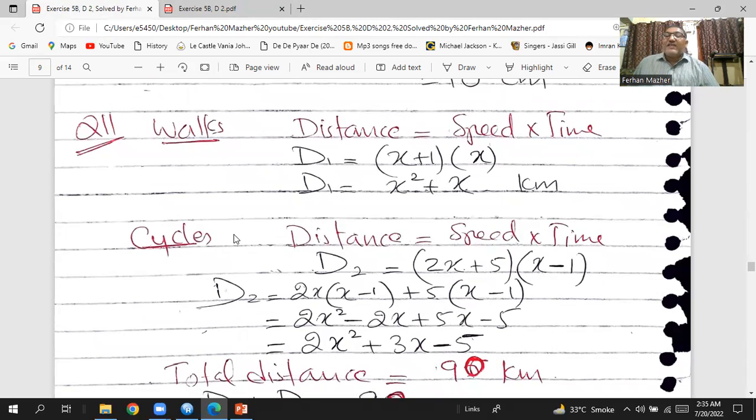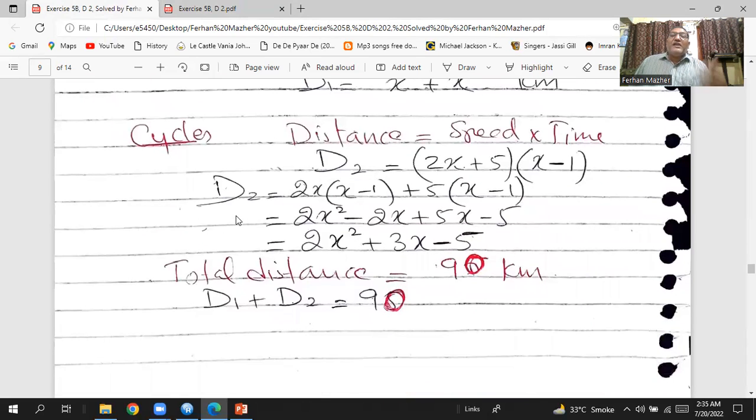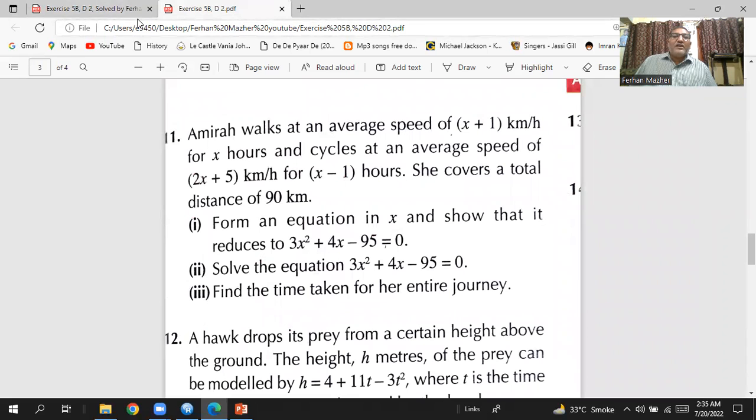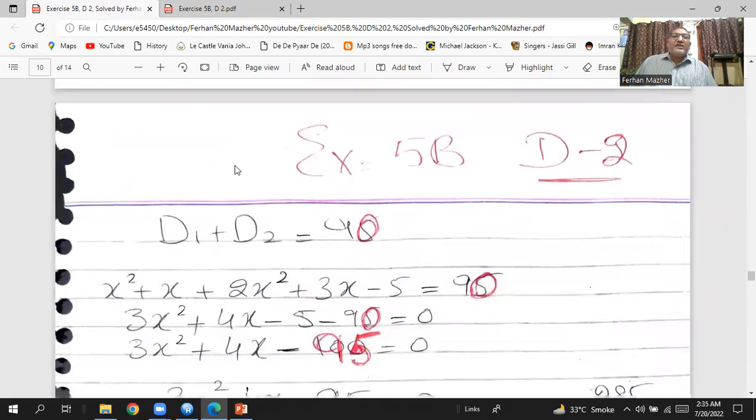The total distance traveled is 90 kilometers. So d1 plus d2 will be equal to 90. The d1 is x squared plus x, d2 is 2x squared plus 3x minus 5. So add these two, and that is equal to 90. Okay, so we have to show that this equation is formed. So let me go to the next page.